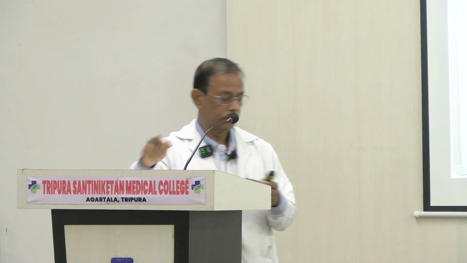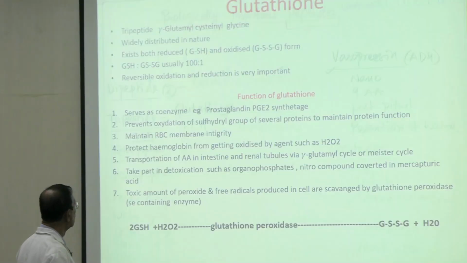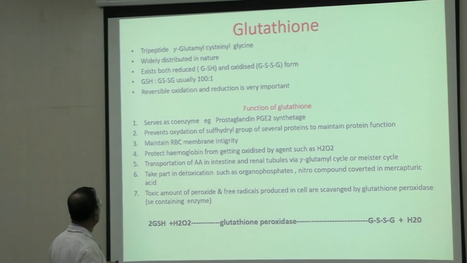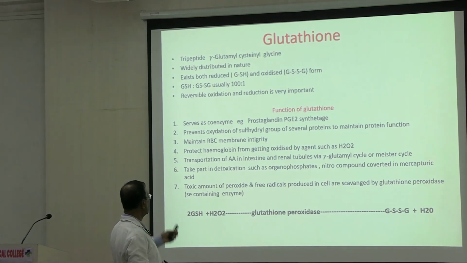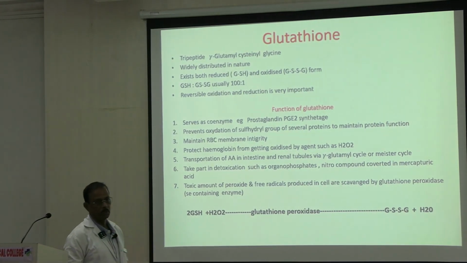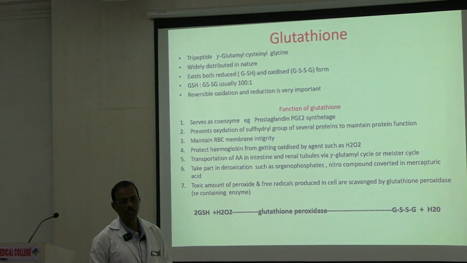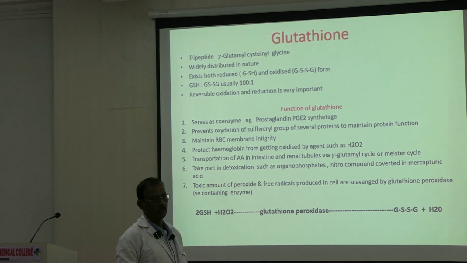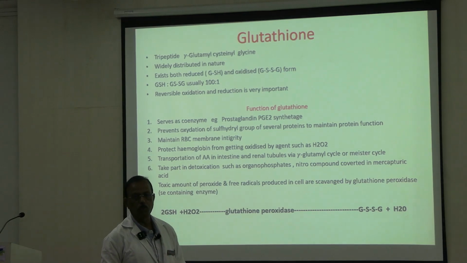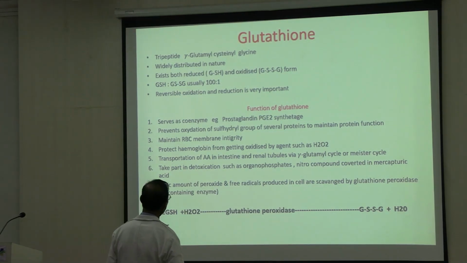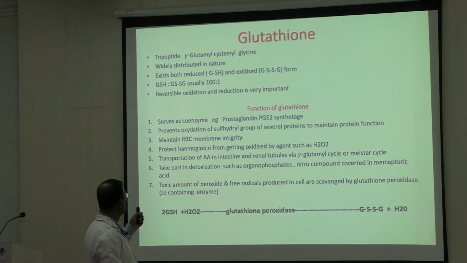Now, functions of glutathione. It serves as coenzyme, for example prostaglandin PGE2 synthetase. During the process of synthesis of prostaglandin, it prevents oxidation of sulfhydryl groups of several proteins to maintain protein function.